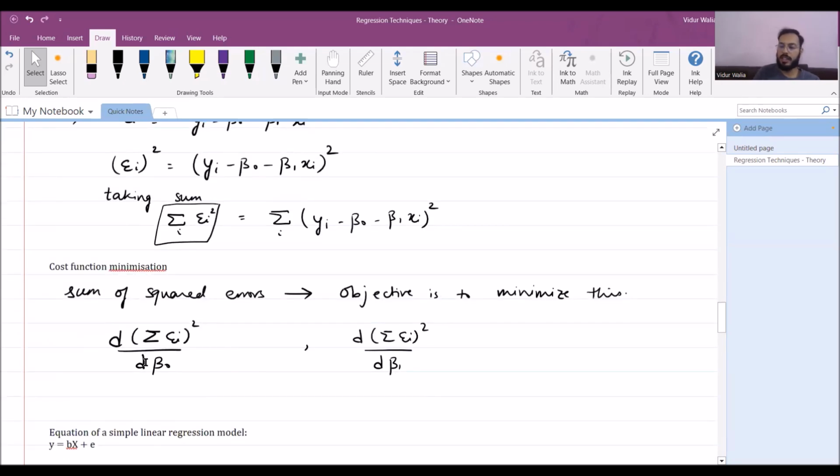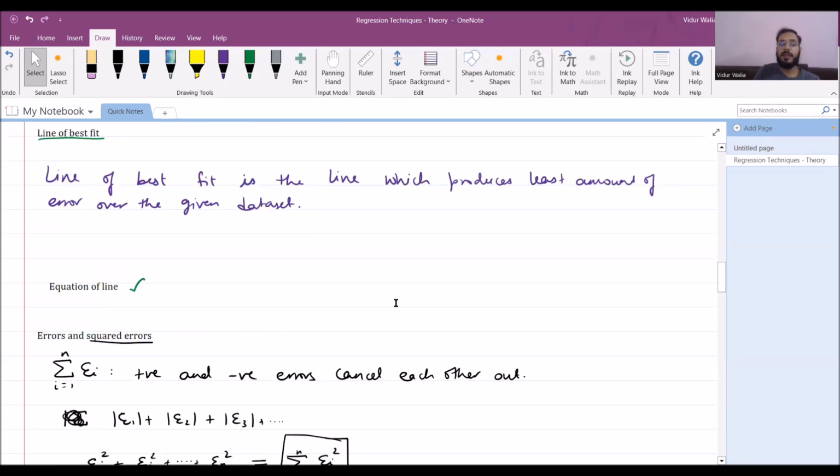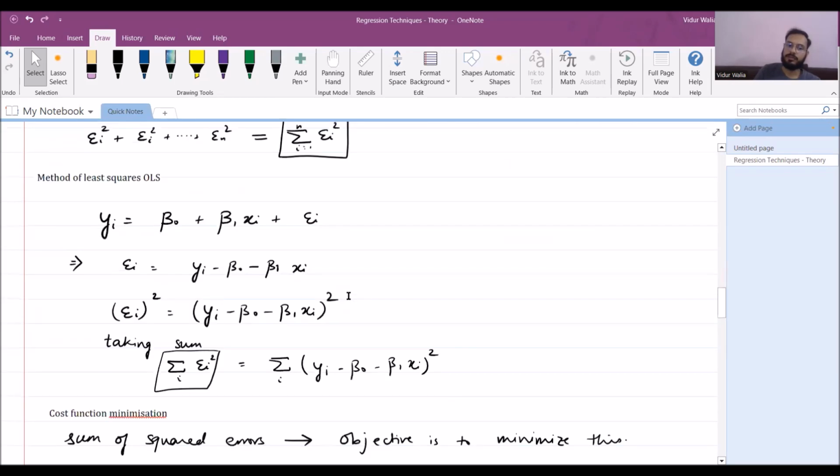Also, this is going to be a partial derivative. So the partial derivative with respect to beta naught and beta 1 is very easy to take in this equation because it's a squared equation, right? So once we have those beta naught and beta 1 values, we will be able to find this line of best fit.